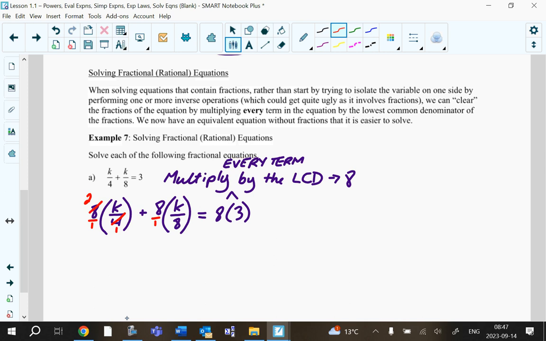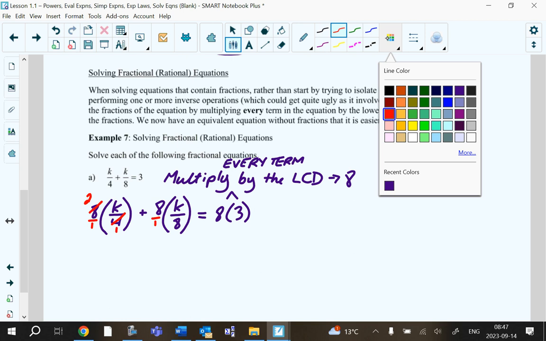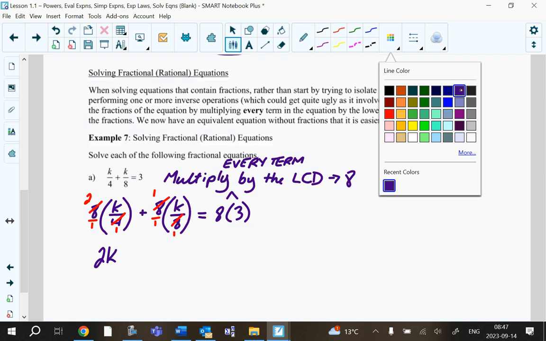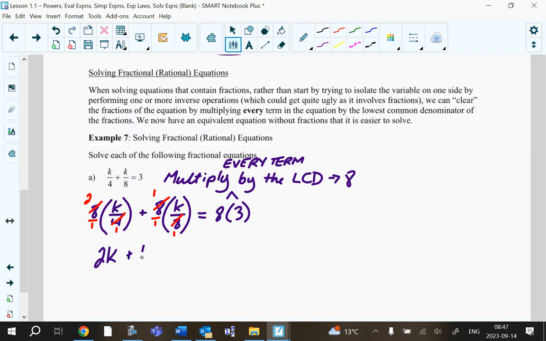So after I divide these two, I end up with 2 times k, which is 2k. 8 divided by 8? 1. Fractions disappear because there's only 1's left in the denominator, and I'm left with 1 times k up top, which just gives me 1k, or k. And then here, it's just 8 times 3, which is 24.